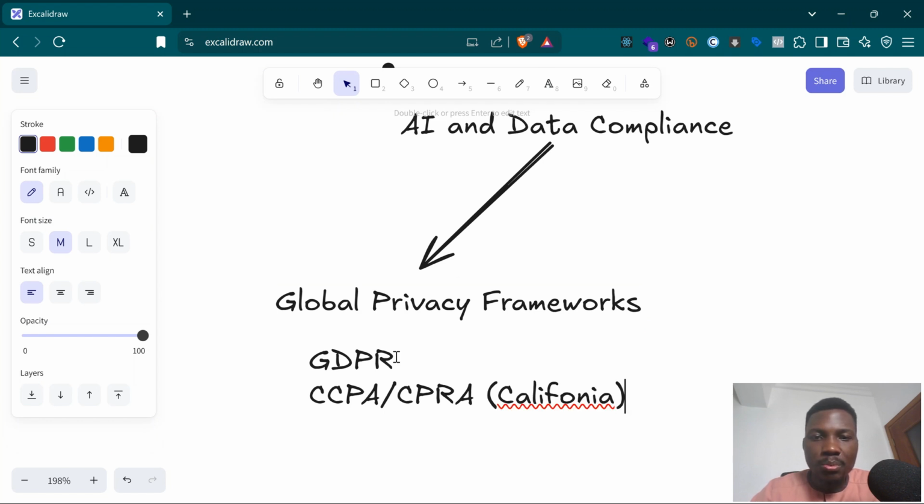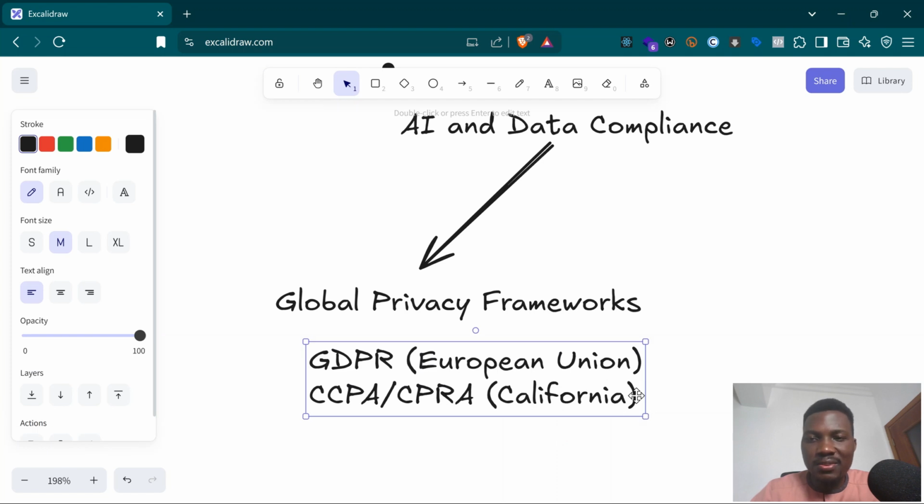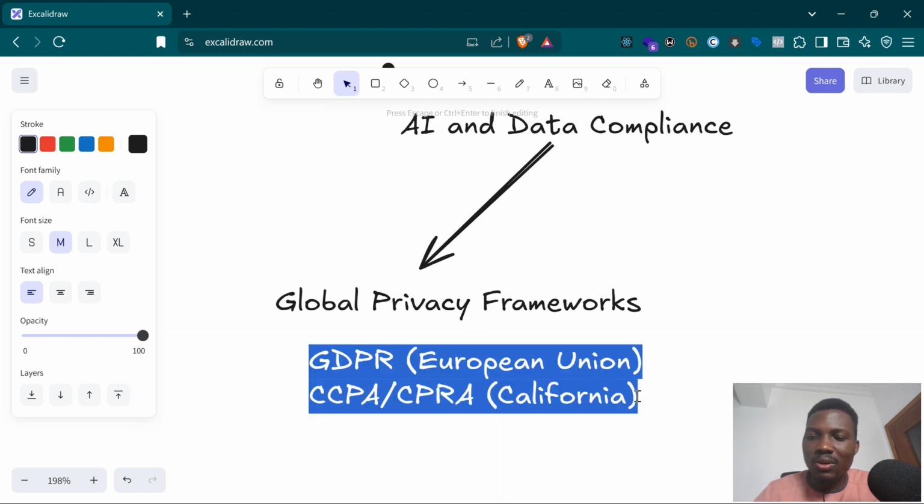Well, GDPR is for Europe, the European Union. Then we also have LGPD. Okay, LGPD is for Brazil.